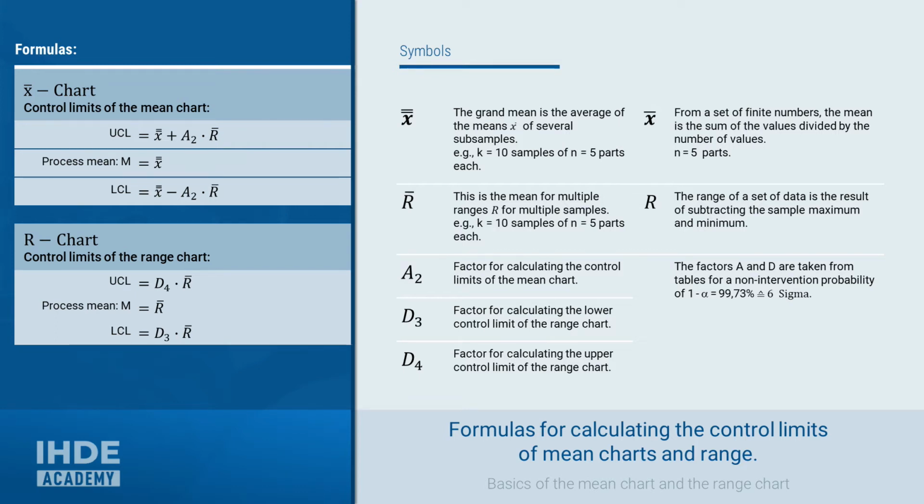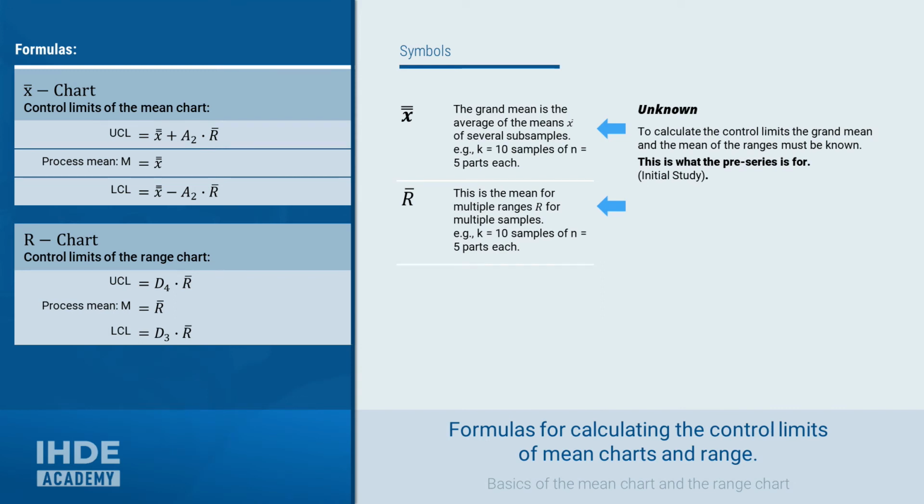Similarly, R is the range of a single sample and R bar is the mean of the ranges from each sample. The factors A2, D3 and D4 for calculating the control limits are taken from tables. These differ from other factors used to calculate the 95% or 99% limits.